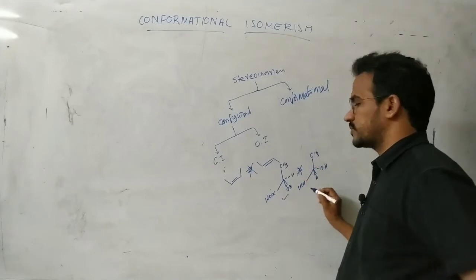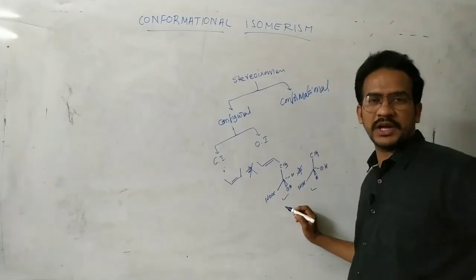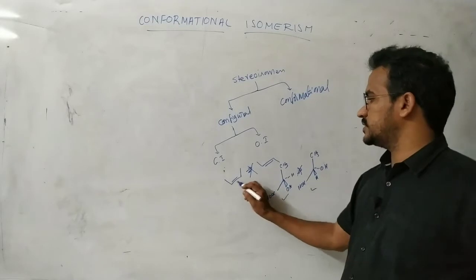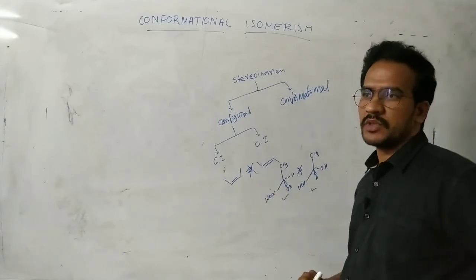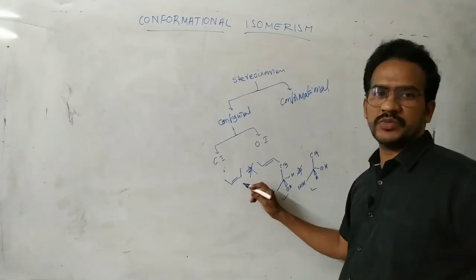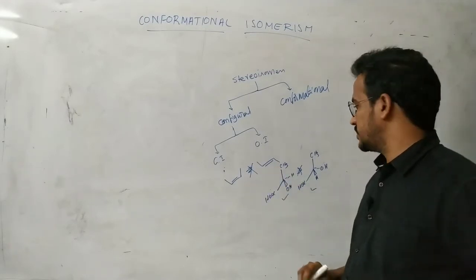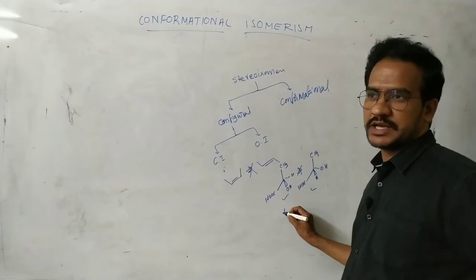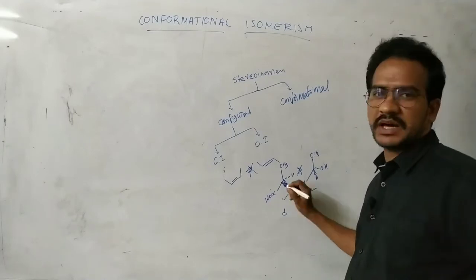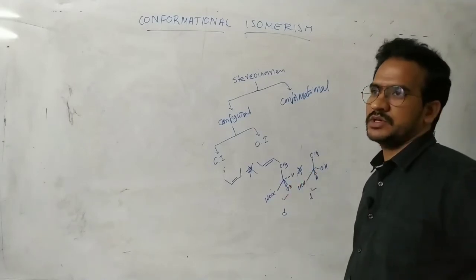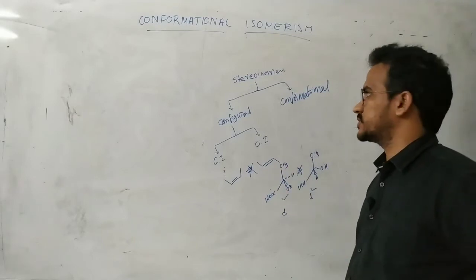These are the optical isomers, dextro and levo, and those are the geometrical isomers. They are the configurational stereoisomers.